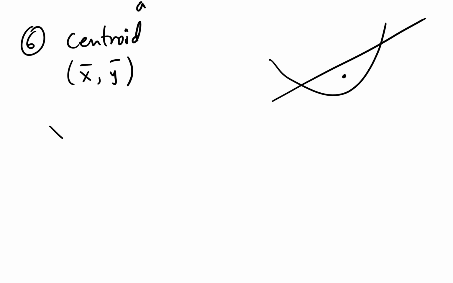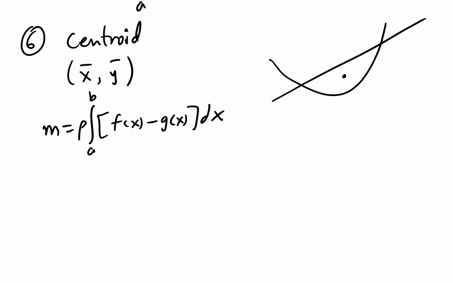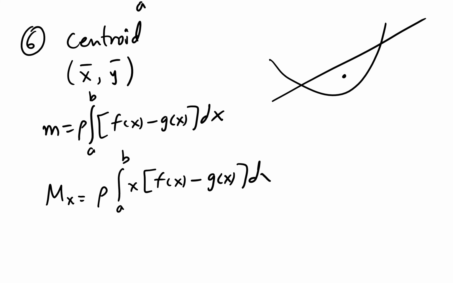To find x bar, we first need to find what we call m, which is defined as rho times the integral from a to b of f of x minus g of x dx. That's small m. And then M sub x is rho times the integral from a to b of x times f of x minus g of x dx.